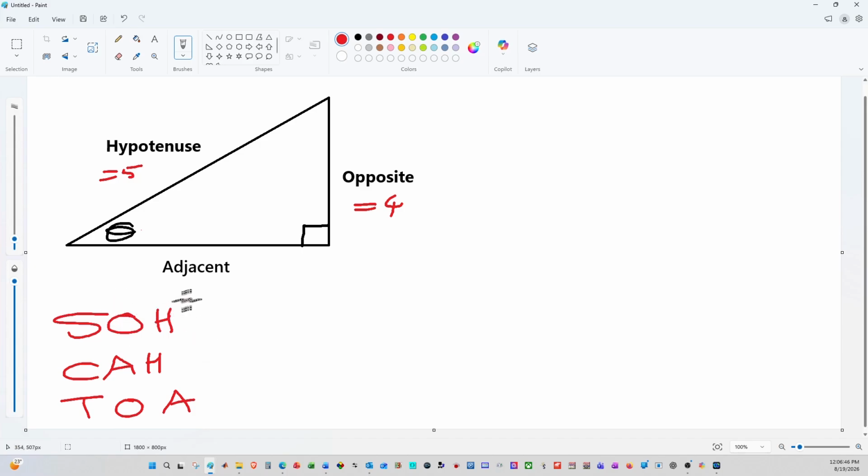Now, if you look at my formulas at the bottom, the opposite and the hypotenuse occur in association with the sine of theta. Therefore, the sine of theta is going to be the opposite over the hypotenuse.